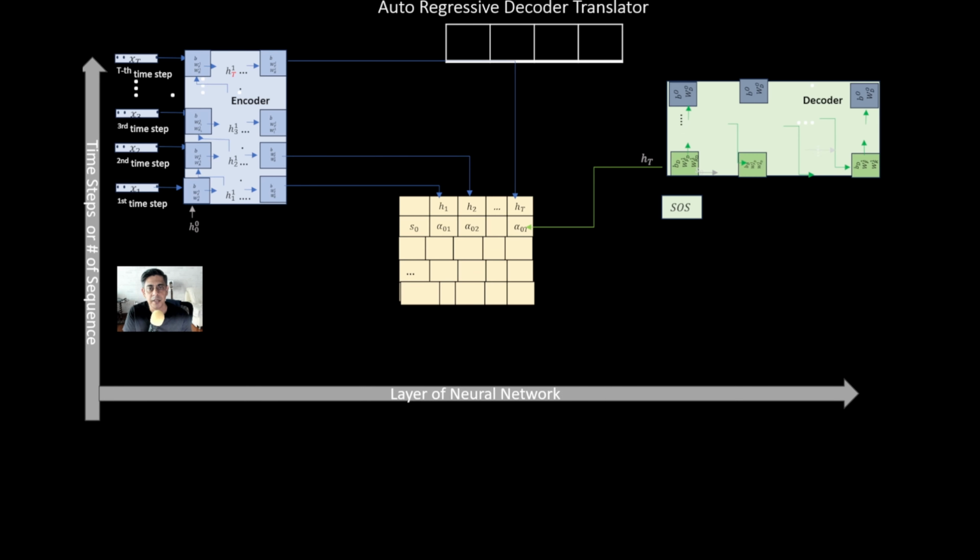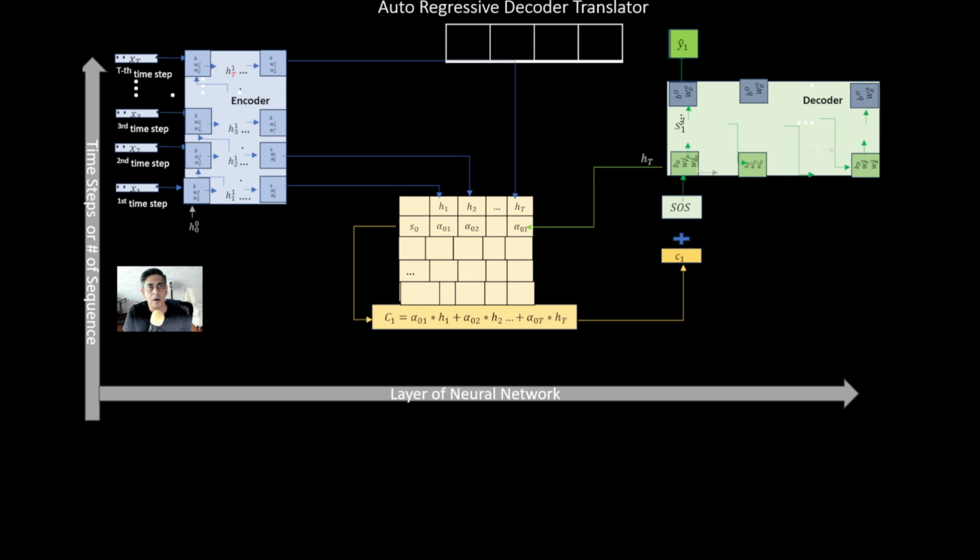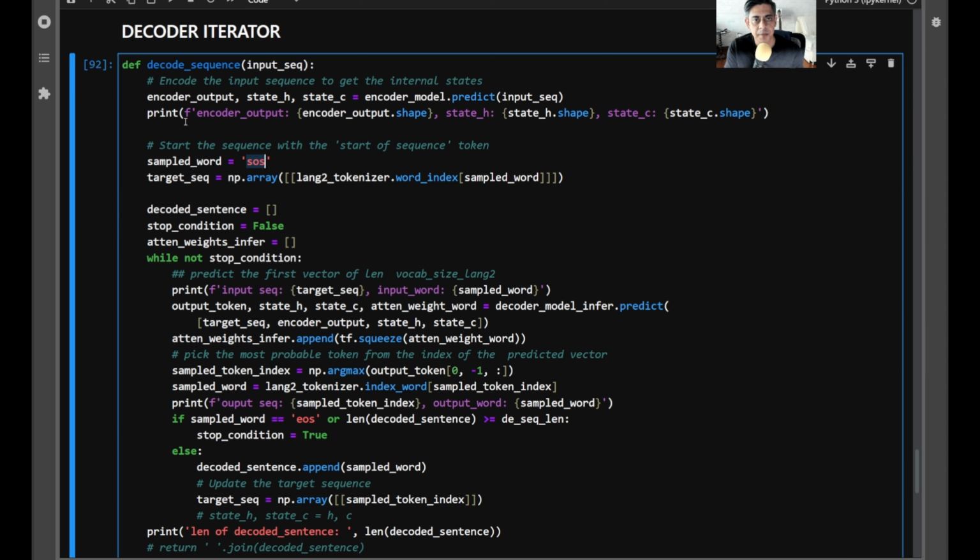I am just rerunning it, so you can see that SOS is given, and once the SOS is given, this is where the weights are calculated. From the weights the context vector is formed and then they are concatenated, and that is used to predict the first output. You come back to our code now and you see the same thing is done. The encoder input has been given, the output has been collected, and this is the fixed word SOS, which in a loop is given to the model as the first input.